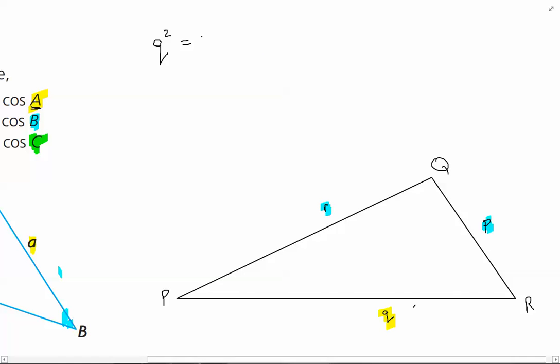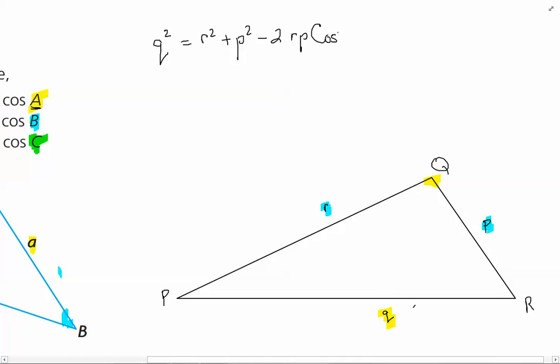So we have R squared plus P squared minus 2 times R times P times the cosine of angle Q.